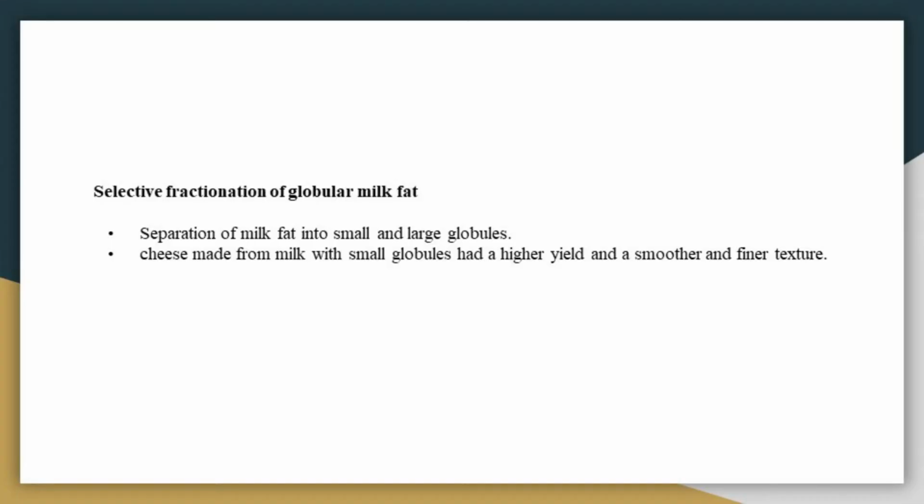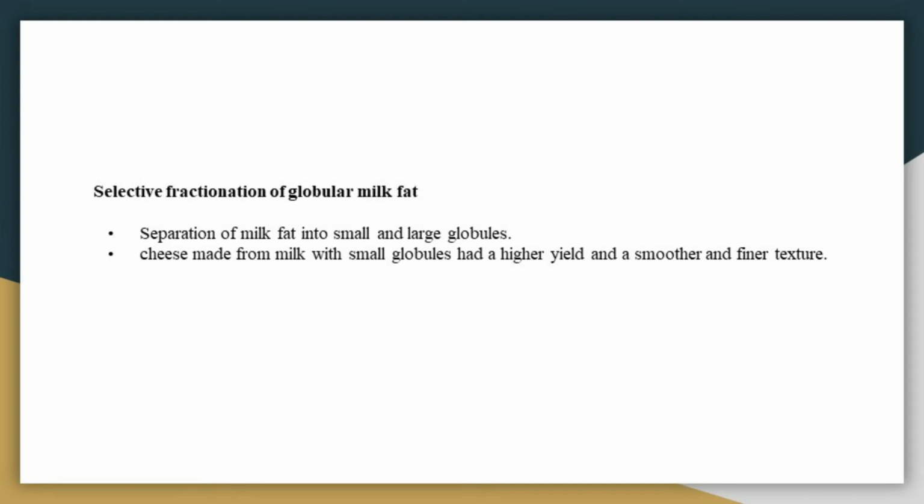Microfiltration with a membrane of 0.1 micrometer pore size combined with diafiltration with water allows the preparation of new dairy products. So the third application of microfiltration in cheesemaking is selective fractionation of globular milk fat.